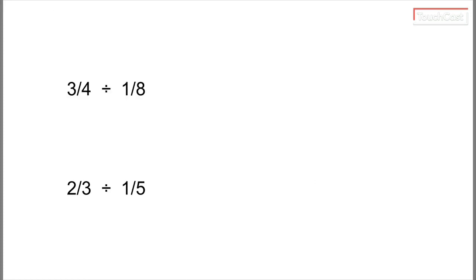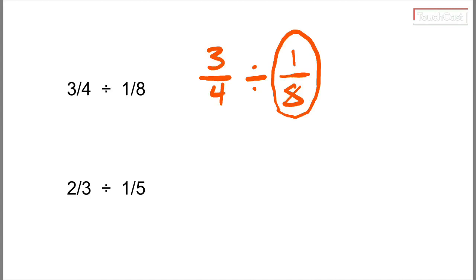Let's take a look at another example. We have 3/4 divided by 1/8. As we said before, we are going to flip this fraction because it is the second fraction, or the one on the right, and we are going to change the division symbol into a multiplication symbol.